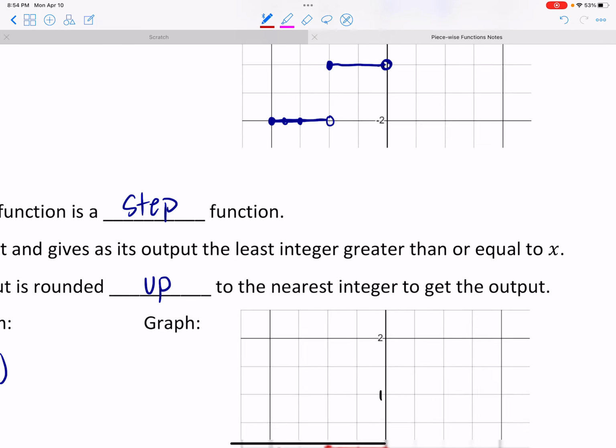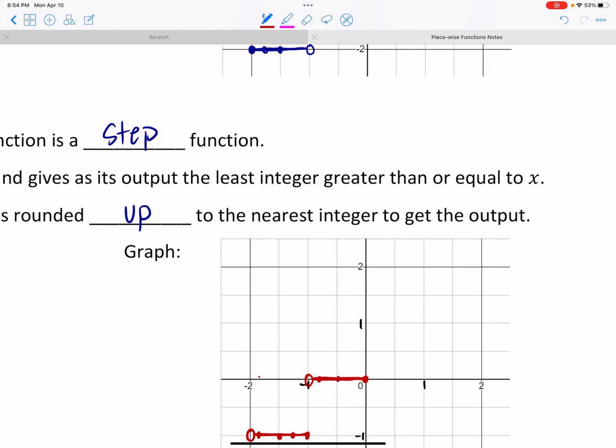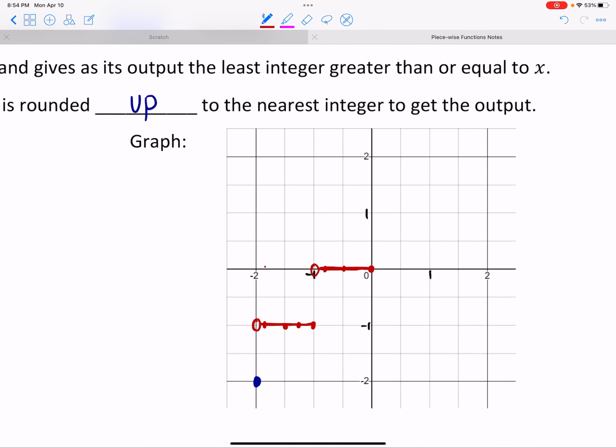And this graph down here, I didn't finish this side over here, but -2.1 would round to -2, and so this would continue this way. It just gets cut off.